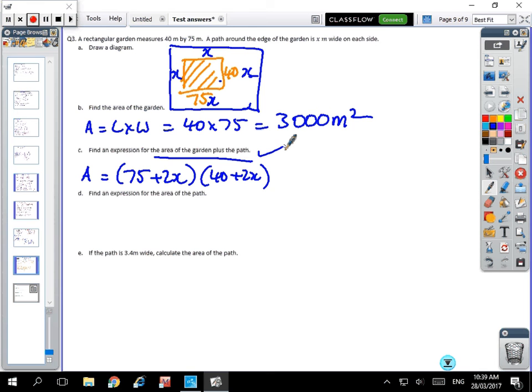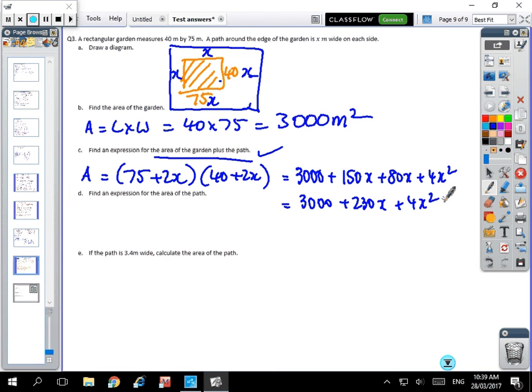Find an expression for the area of the path. So what we could do is multiply that out as well. Using FOIL, we get 3,000 plus 150x plus 80x plus 4x squared. So 3,000 plus 230x plus 4x squared. Well, we know that the area of the garden inside is 3,000, and we know that the area of the path and garden is that.